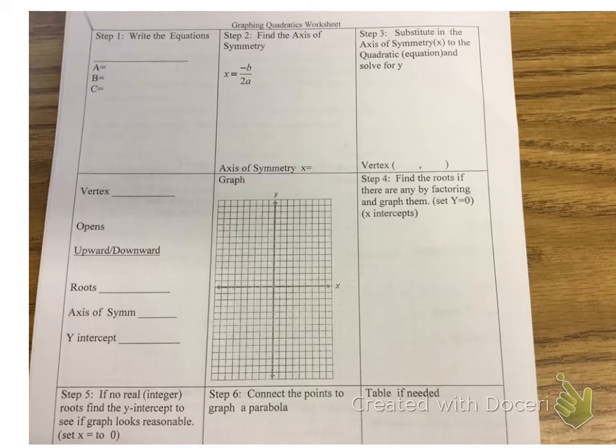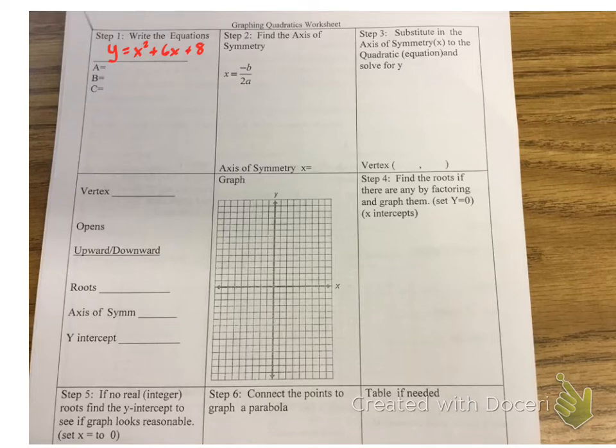All right, so step 1, I'm going to give you a very easy quadratic to graph. Y equals x squared plus 6x plus 8. Okay. Step 1, what is our A, B, and C?